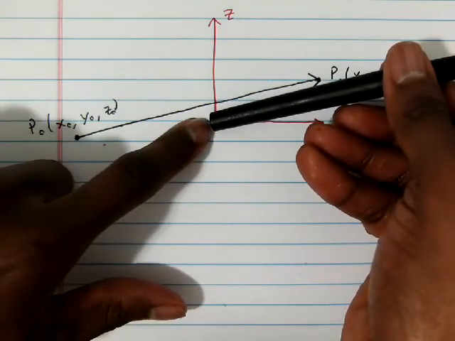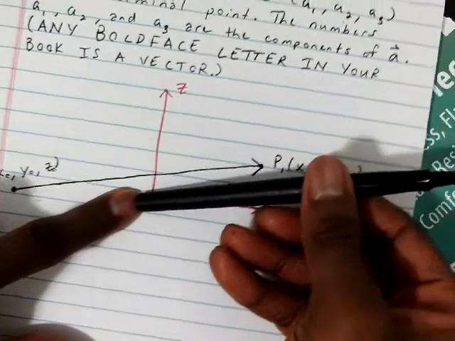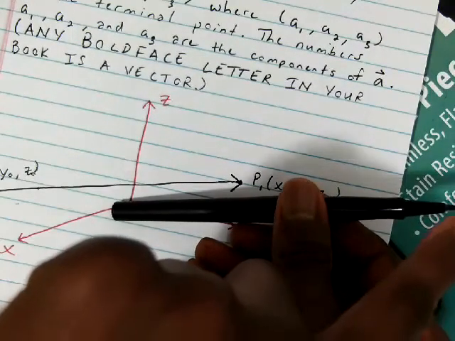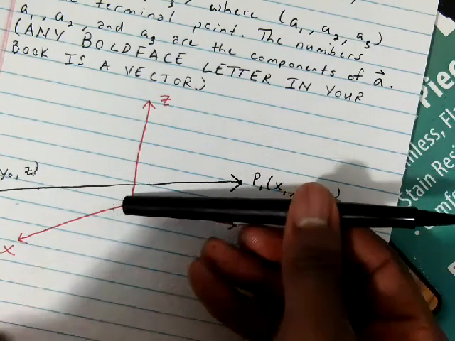Now I can represent this vector by whatever that point is right there. So the name of this vector would just be whatever this point happens to be. How does that happen?